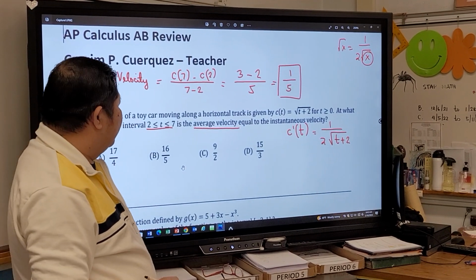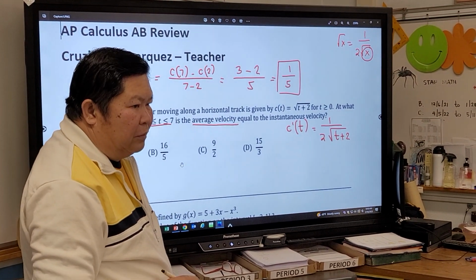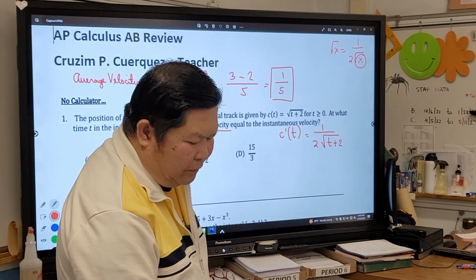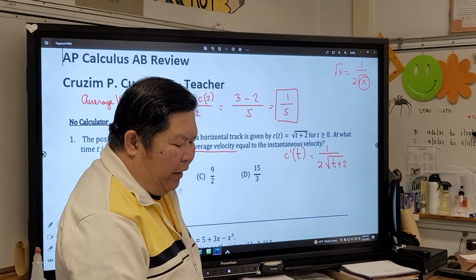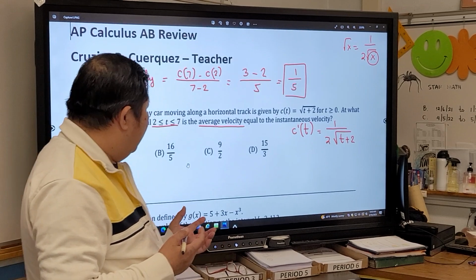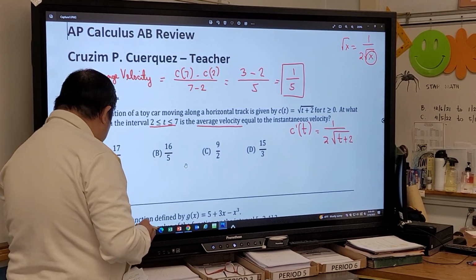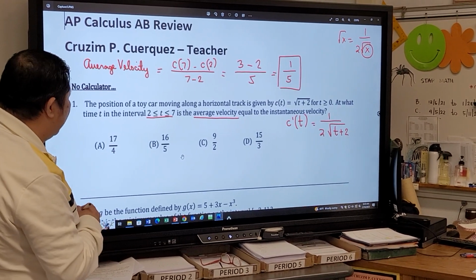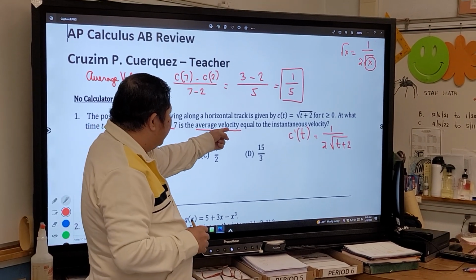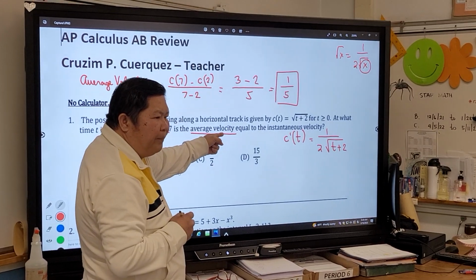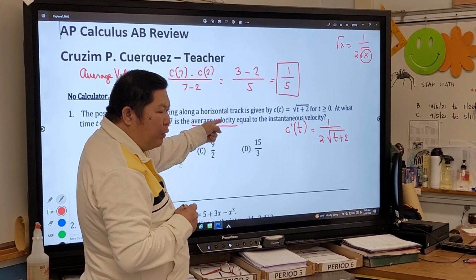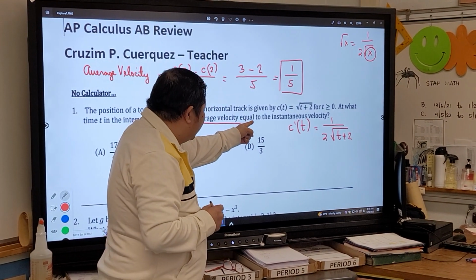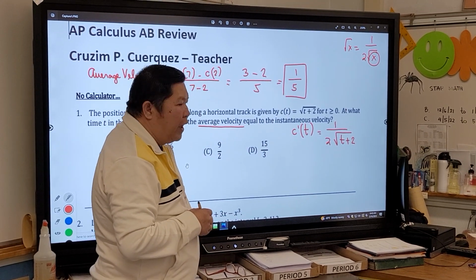And then, what we do now, any idea how to do it? Since it says right here, average velocity. What is the average velocity? 1 over 5 is equal to the instantaneous velocity.